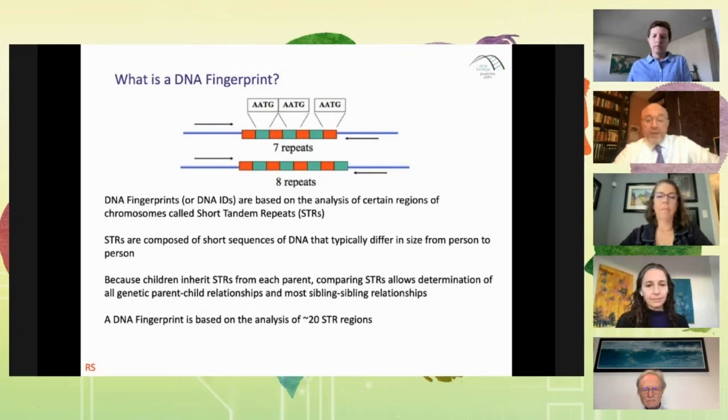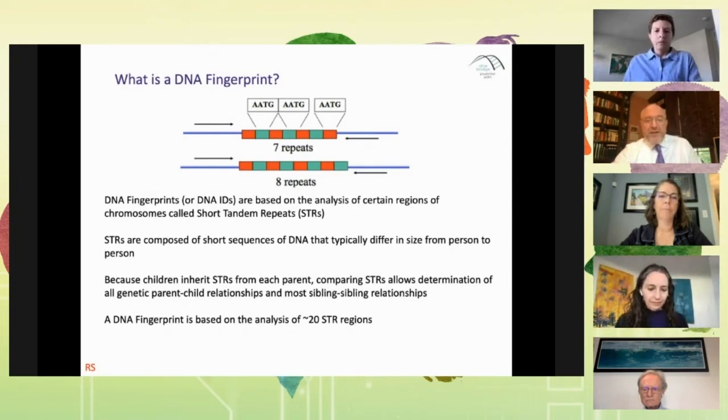The number of repeats at a given STR site on a chromosome is characteristic of an individual. Since humans have 2 sets of chromosomes, one from each biological parent, we inherit our short tandem repeats from our parents. By analyzing a set of about 20 STR regions on the chromosome, it's straightforward to determine biological relationships.